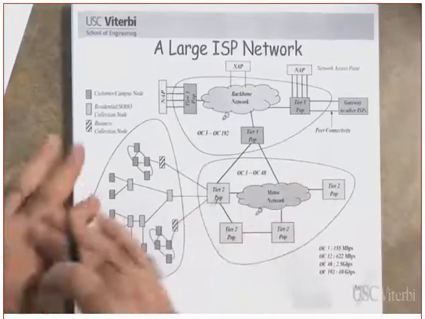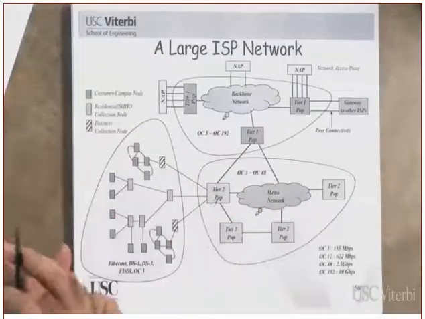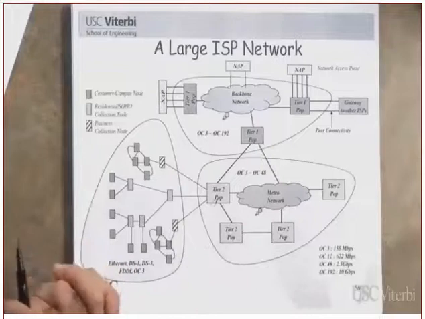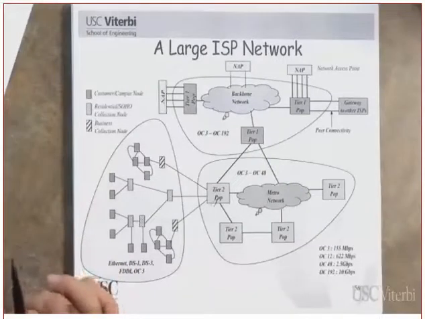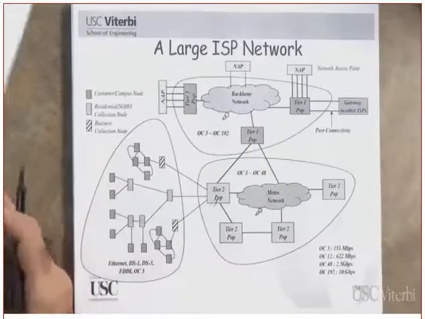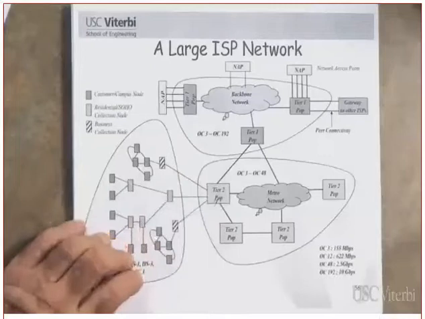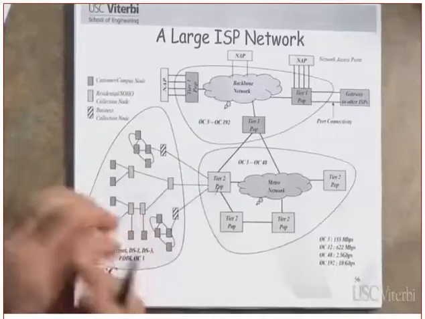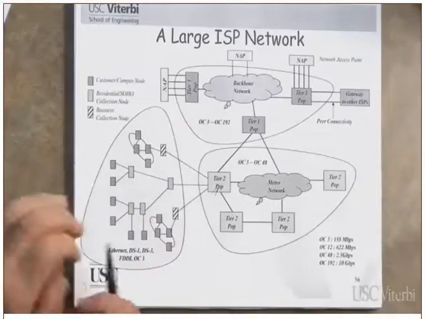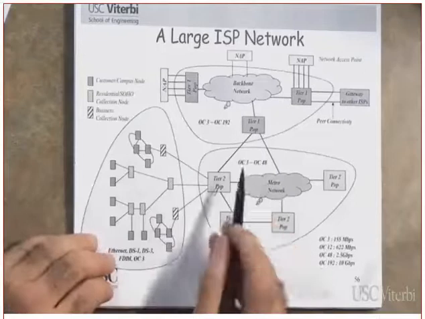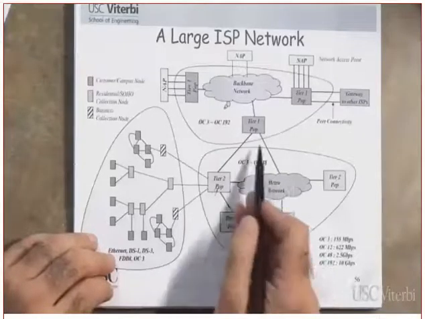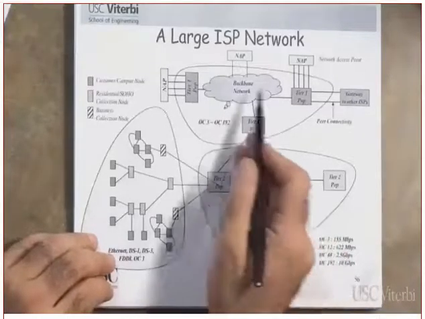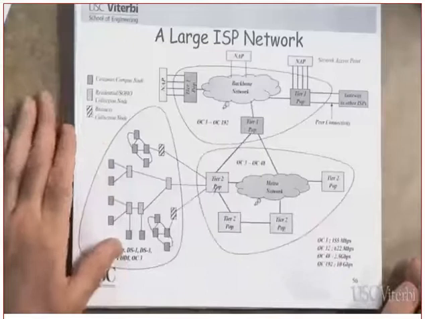Tier 1 is the backbone, which is the core network, the largest and fastest network that can carry the traffic from multiple users. These are the metro networks, and you can see that the metro networks are also connected via other metro networks, and so on and so forth.